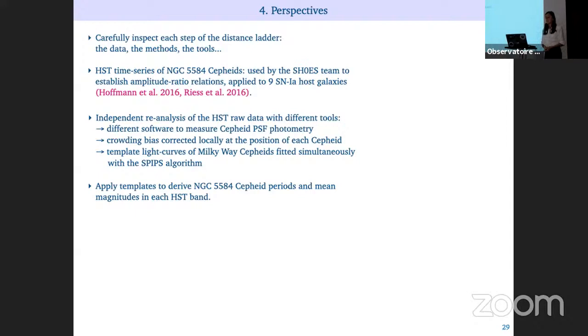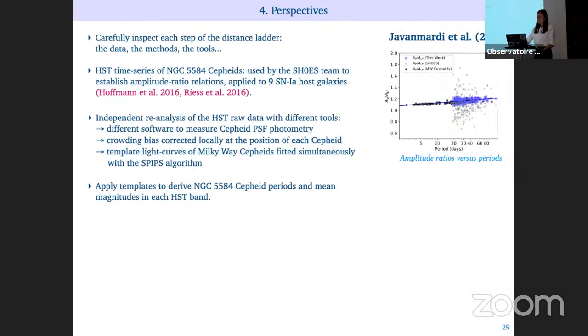And applying these templates, we derive the periods and mean magnitudes in each HST filter for the Cepheids of this galaxy.